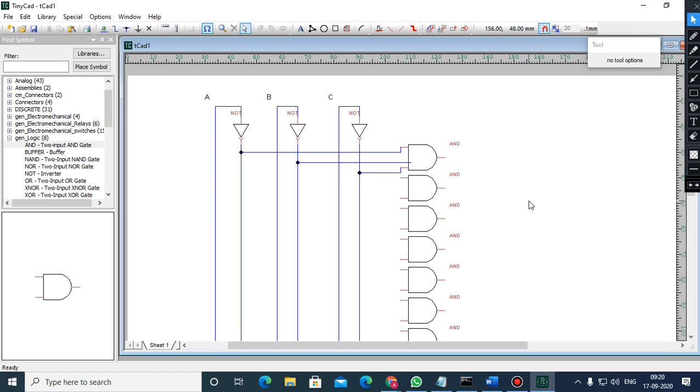This is how we have connected. In a similar way, this one is 001.